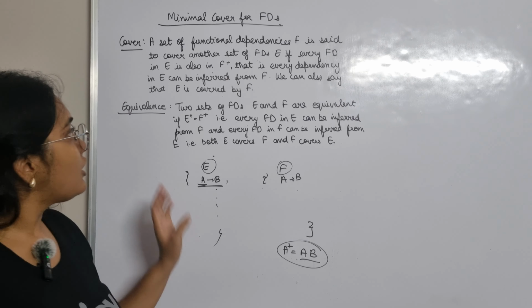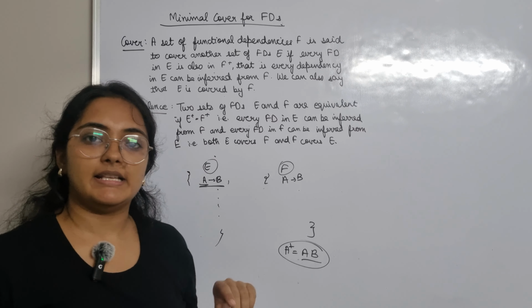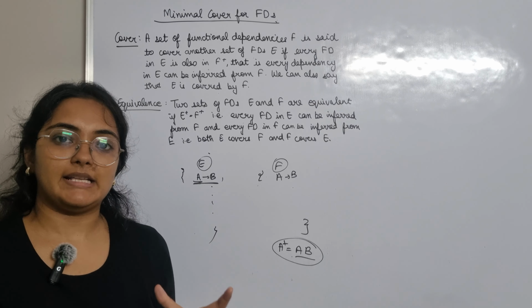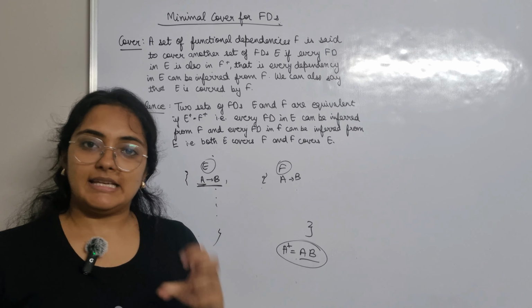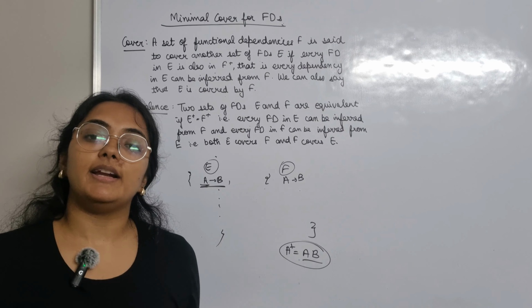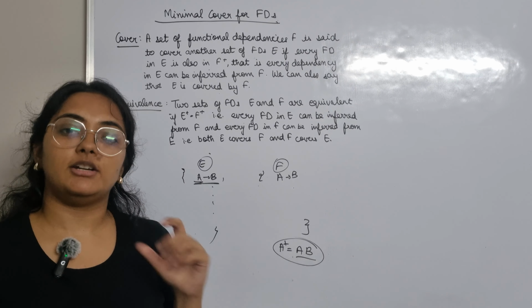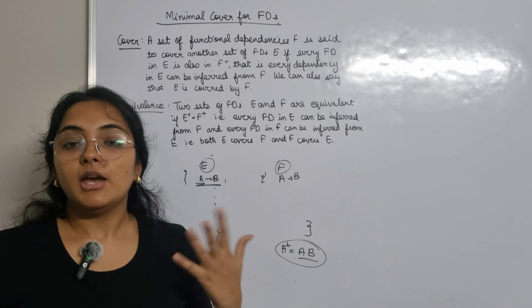Okay, now let us talk about the equivalent set of functional dependencies. What is an equivalent set of functional dependencies? Two sets of functional dependencies E and F are said to be equivalent when the closure of E is equal to the closure of F. What does it mean?